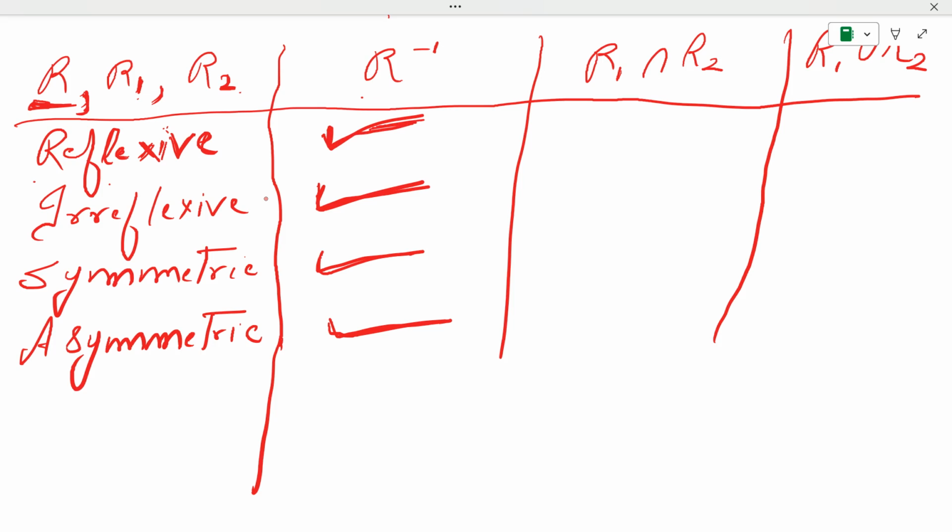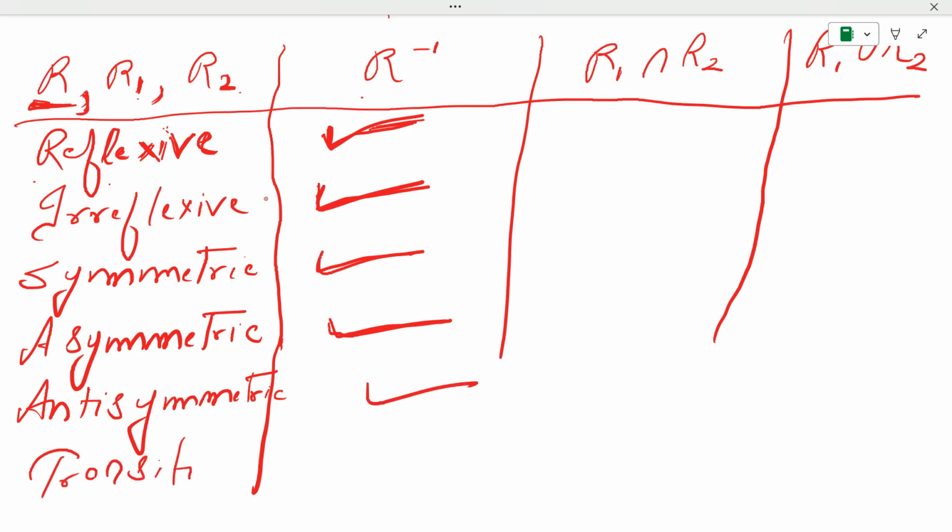If it is antisymmetric, then R inverse is also going to be antisymmetric. And if it is transitive, R inverse is also going to be transitive.